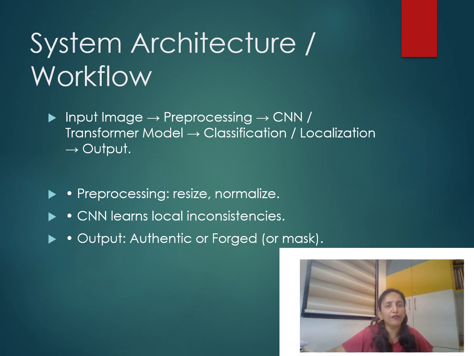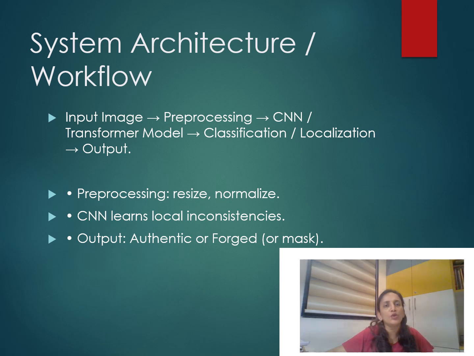In classification mode, it will simply give you the output of whether your image is real or forged. In localization mode, it creates a heat map that highlights the tampered regions. For example, red areas might show fake parts, or green areas, which will tell you which area has been faked.